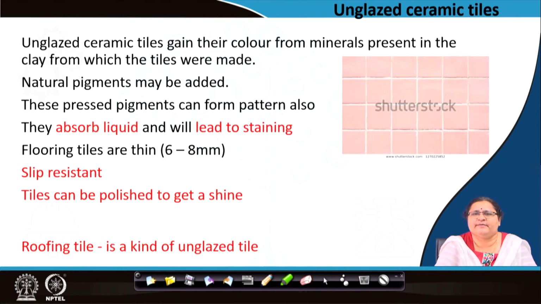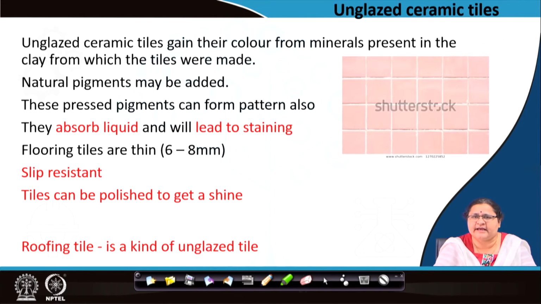So, natural pigments may be added to make it a little different. They are pressed on top of the surface and you can have only a very thin layer of color on the top, and they absorb liquid. They do not react, they do not prevent stains. So, you will get stains.